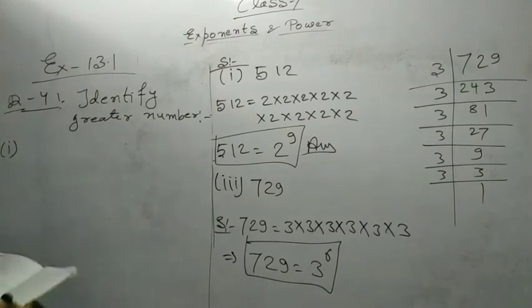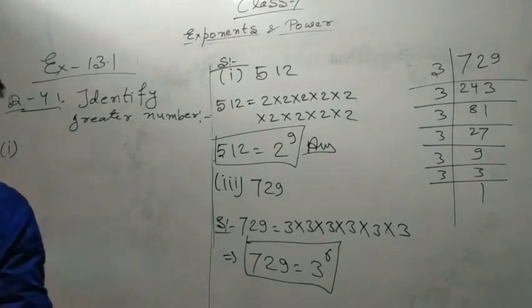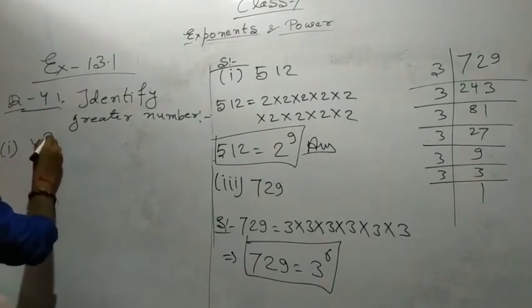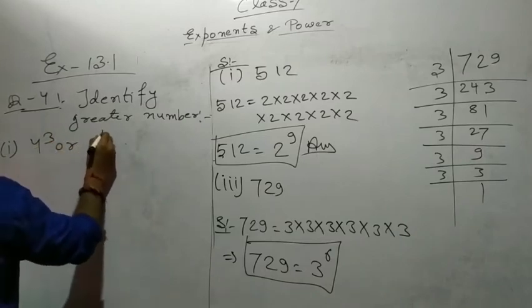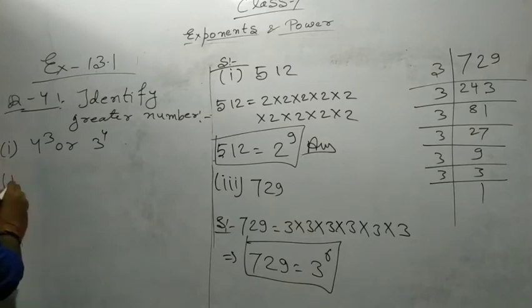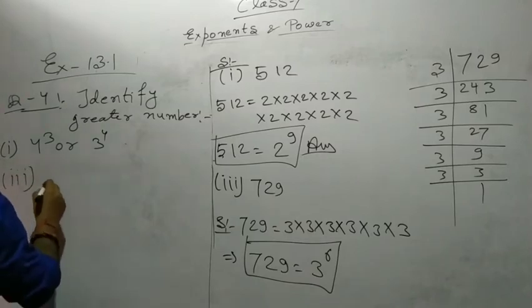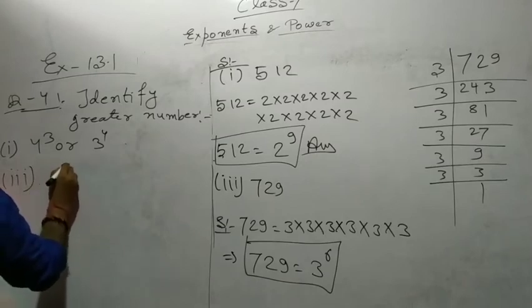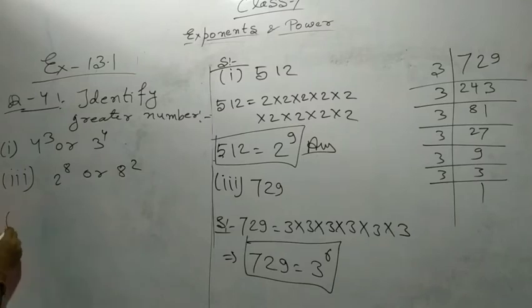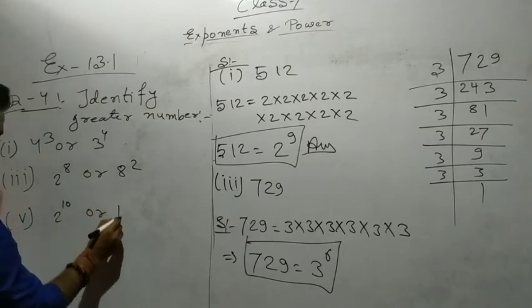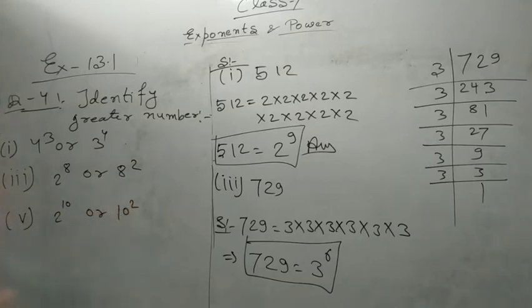So let's have a look. The first question is 4 raised to the power 3 or 3 raised to the power 4. The third question is 2 raised to the power 8 or 8 raised to the power 2. The fifth question is 2 raised to the power 10 or 10 raised to the power 2.